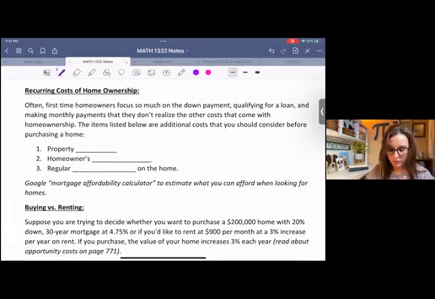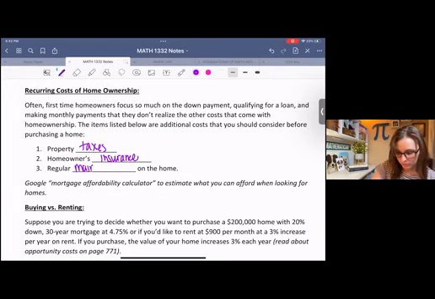First-time homeowners often focus only on the down payment and qualifying for the loan, but oftentimes they don't realize that there's some other things that you regularly have to pay for that you may not have planned for. Those things are property taxes, homeowners insurance, and regular maintenance on the home.